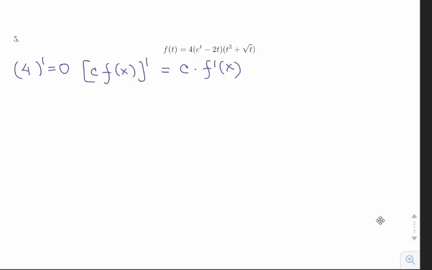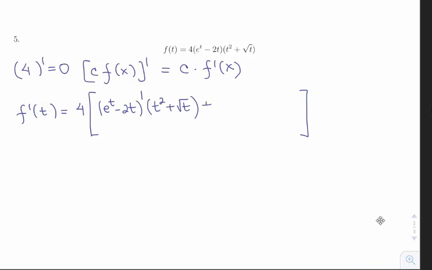So that's what we're going to do here. What is our f prime of t? It's going to be 4 times big parentheses, and now I'm going to compute my derivative using the product rule. So that's e to the t minus 2t, prime, times t squared plus square root of t, plus e to the t minus 2t times the derivative of the second.